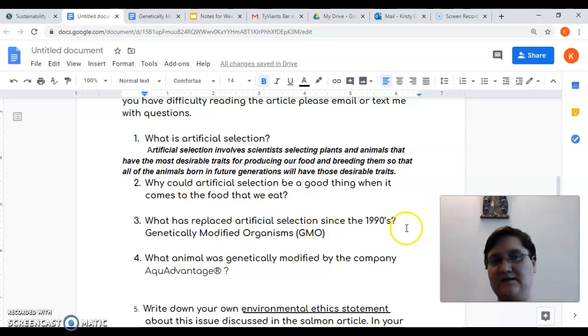Before the 1990s, we did this, artificial selection. All we did was breed the male and the female that was best at whatever trait we wanted our food to embody, right?